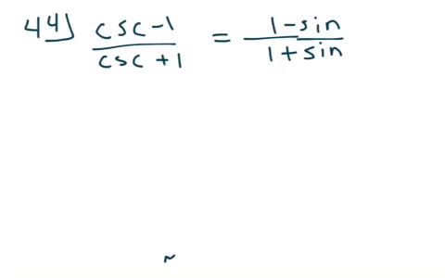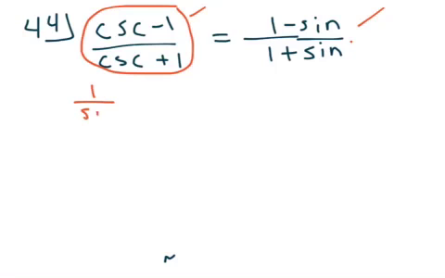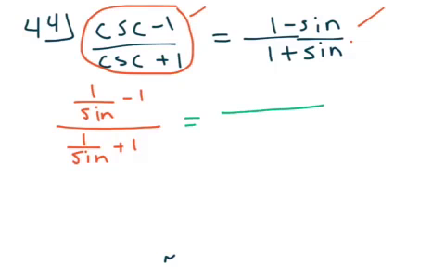44, you can work on this side or this side. I think this side's a little more complicated, so I'm going to write this as 1 over sine minus 1 over 1 over sine plus 1. Get your common denominator, which is sine, so that's going to be 1 minus sine all over sine again.